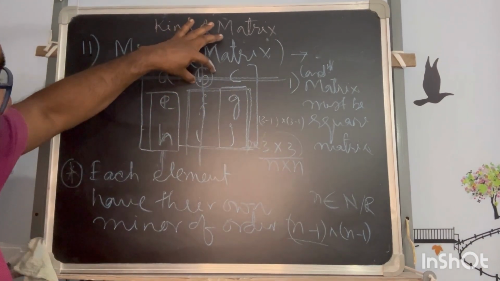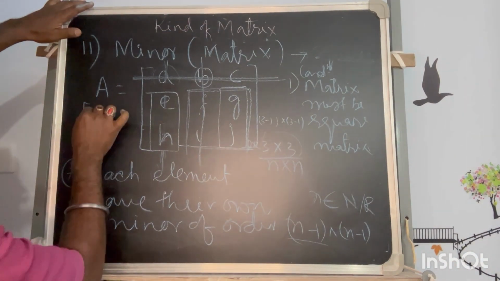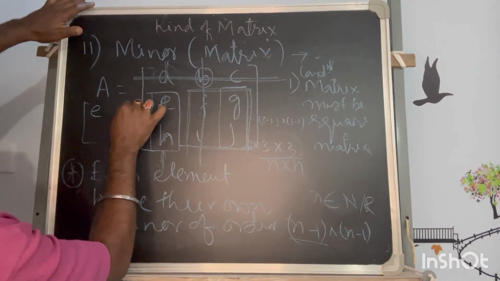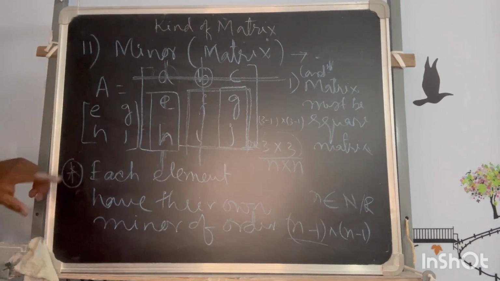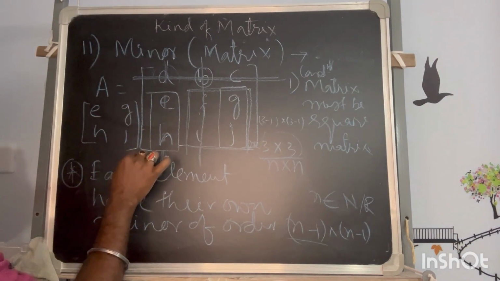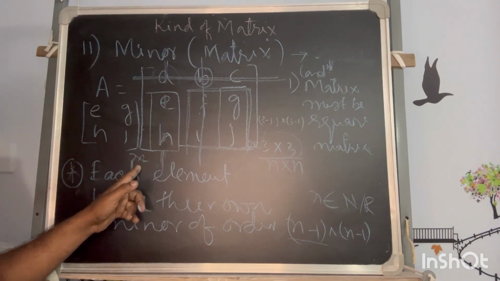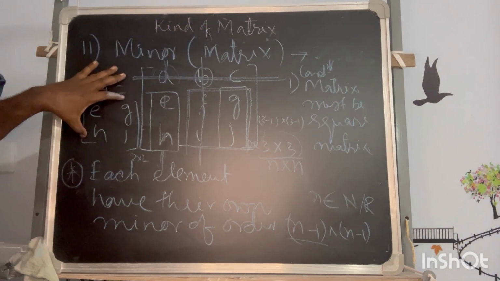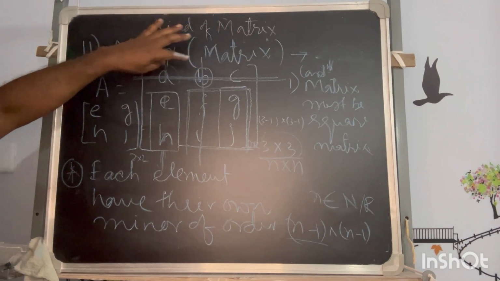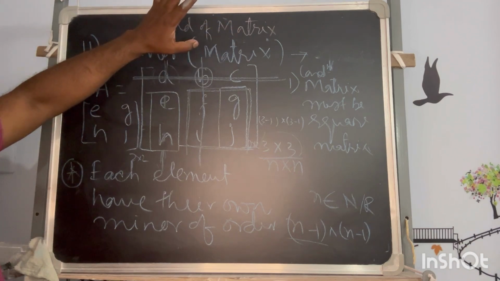Now for this element, if I write separately, my minor will be E, G, H, J, and this is again order 2 cross 2, whole is 3 cross 3. So each element's minor is specific, because this minor cannot go with any other. You can see no two lines are cut with this arrangement.